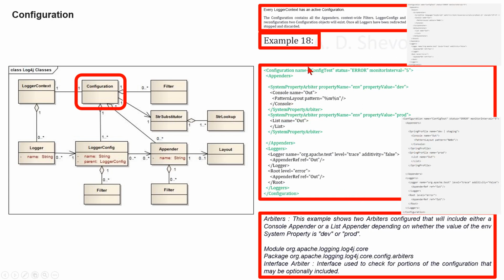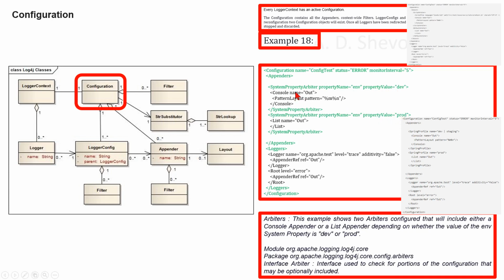Now we are considering arbiters. This example shows two arbiters configured that will include either a console appender or a list appender, depending on whether the value of the env system property is dev or prod.